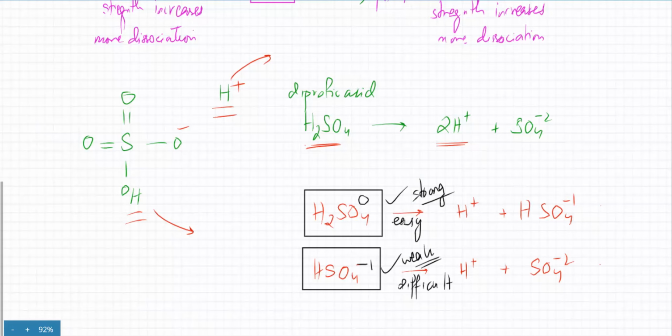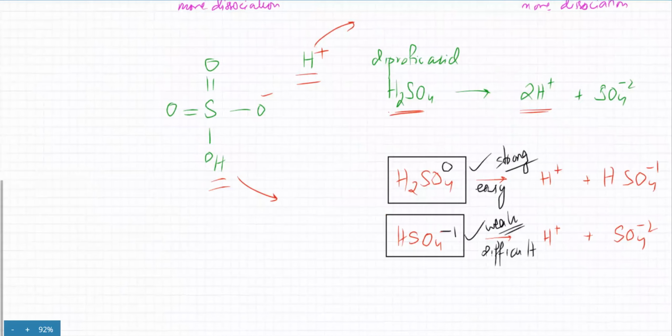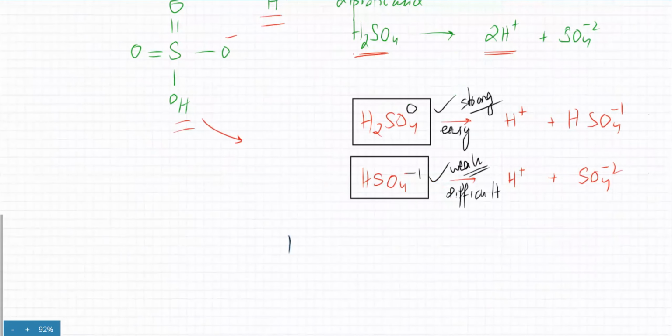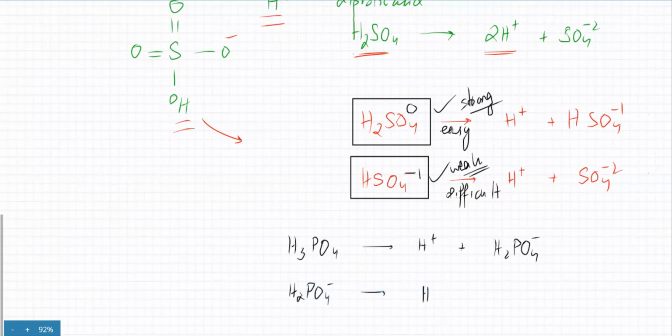Okay, and the same would happen with H3PO4. H3PO4 is not going to produce three H+ ions in one go. It would first release one of the H+ ions, and it would form H2PO4 minus 1. Then this other molecule would behave as an acid, and it would produce another H+ ion, and it would become HPO4 minus 2.